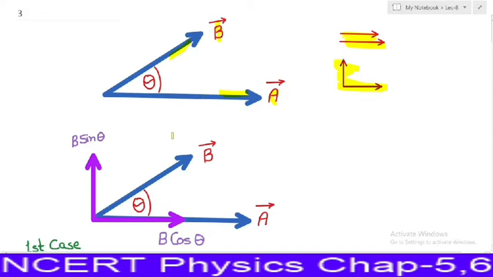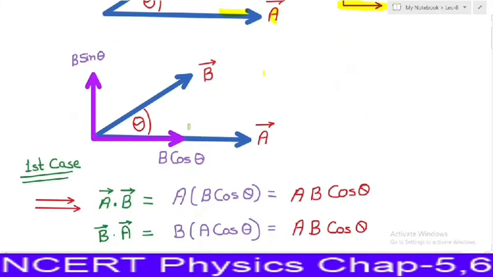So its answer is, we will take effect of this vector b in the direction of a and in the direction perpendicular to a. Because this angle is theta, that's why magnitude wise effect of vector b in the direction of a would be b cos of theta, and effect of vector b in the direction perpendicular to a would be b sin of theta.